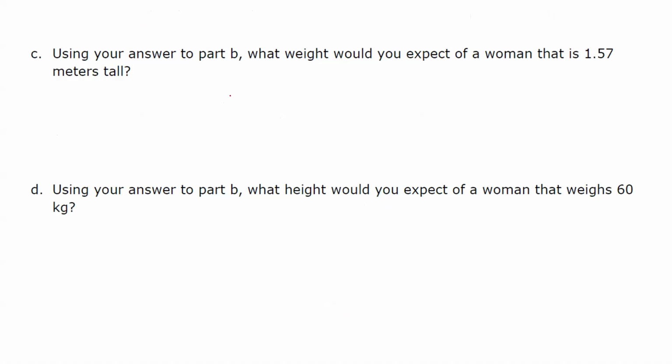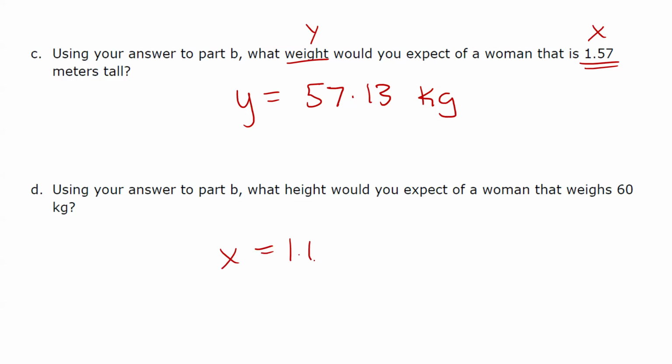Then for your predictions, you should have gotten y equals 57.13 kilograms. So you would have taken this 1.57 and substituted it for x because we're trying to find y. And then for D, you would have gotten x equals 1.62.